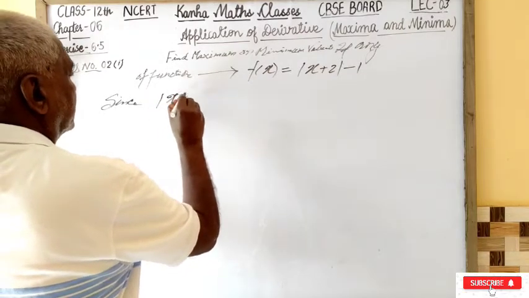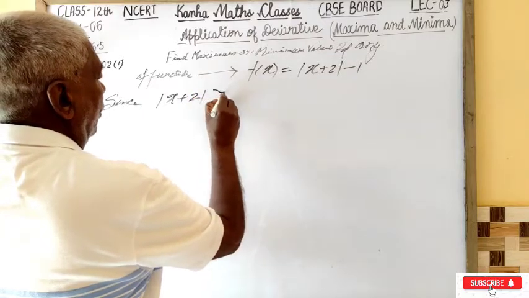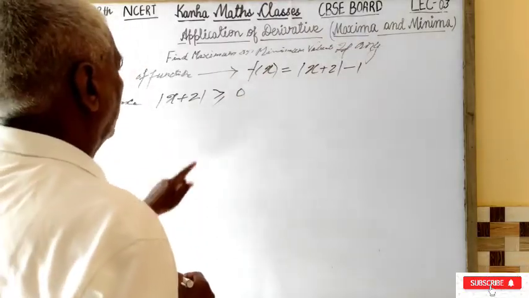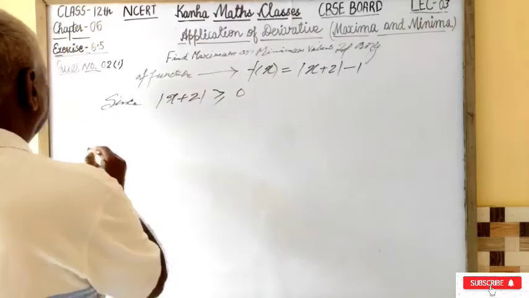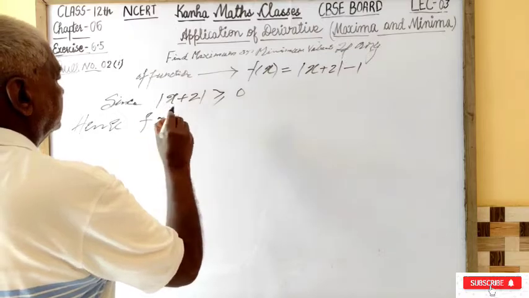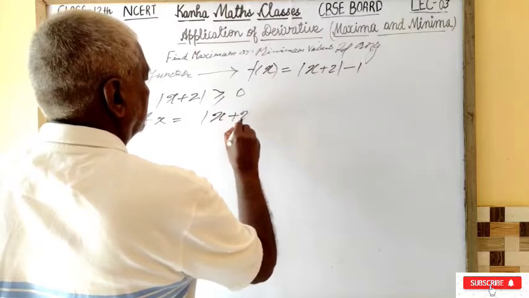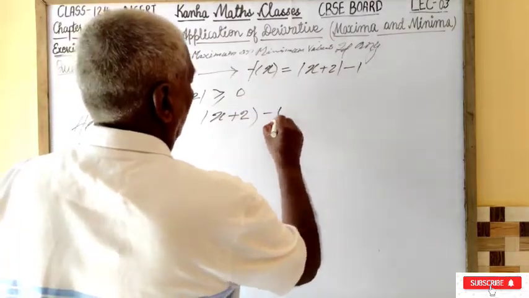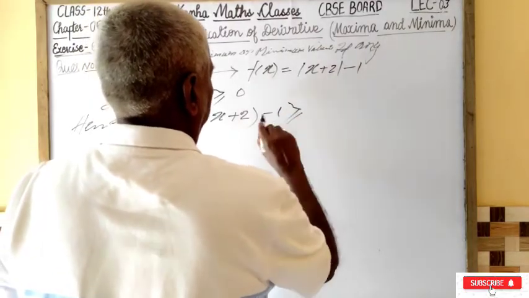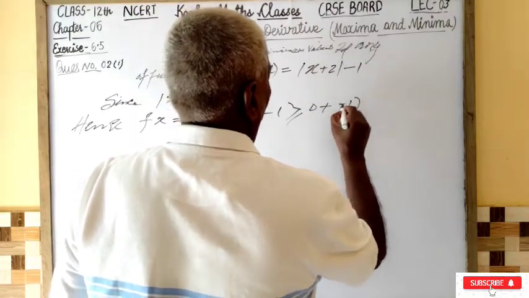Hence, f(x) = |x + 2| - 1 is greater than or equal to 0 plus minus 1.